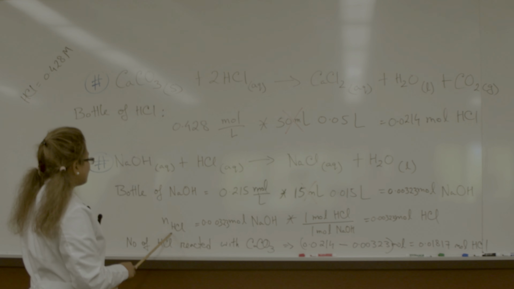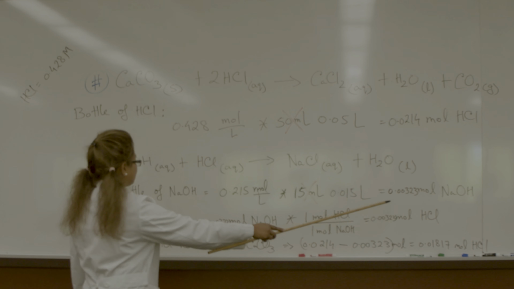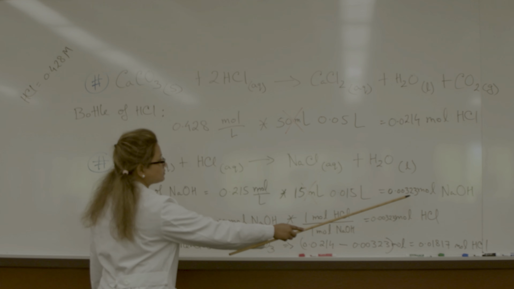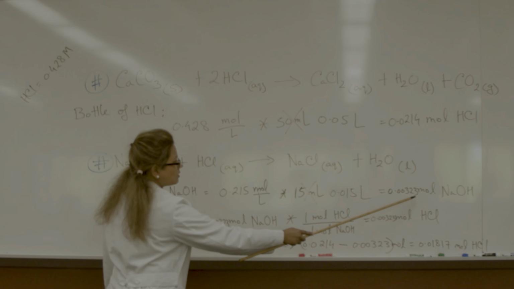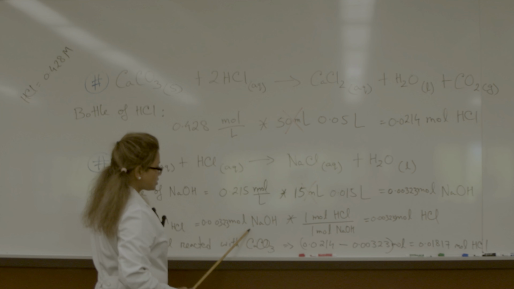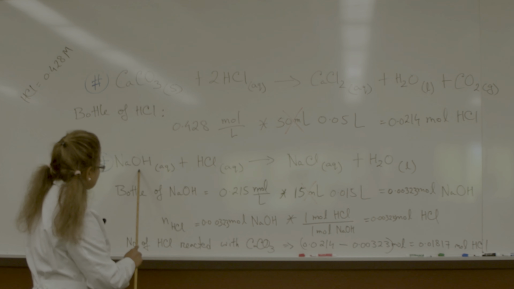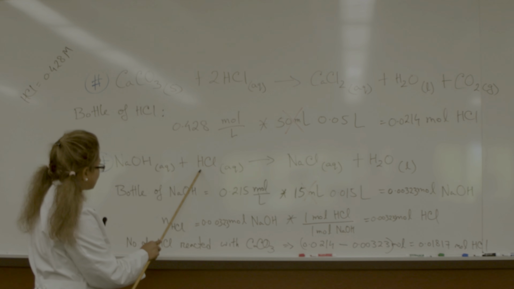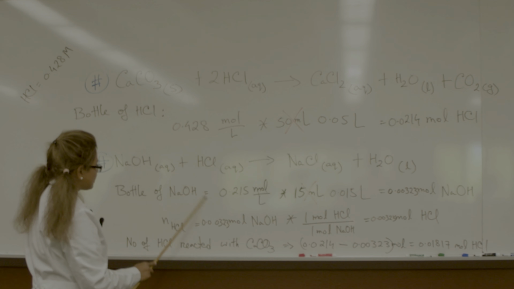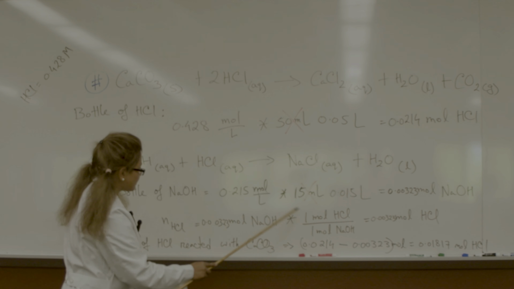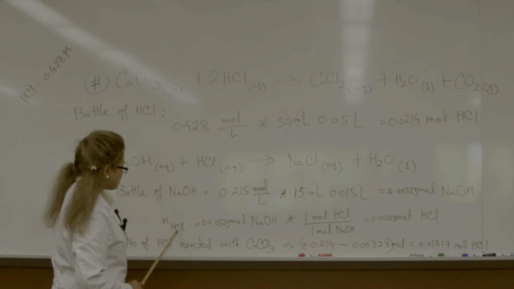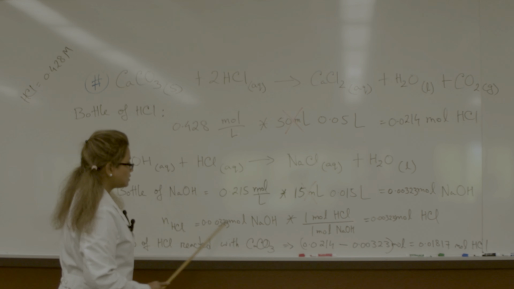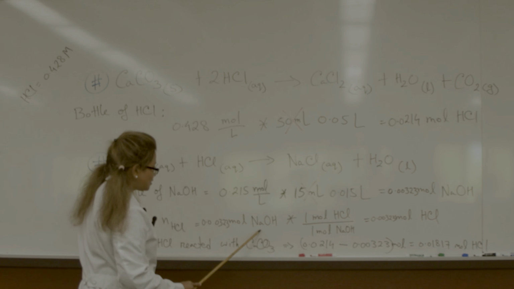How can I find it out? I have used sodium hydroxide and hydrochloric acid, right? These two are in a 1-to-1 ratio. So if you want to find the moles of hydrochloric acid, you should cancel your sodium hydroxide.